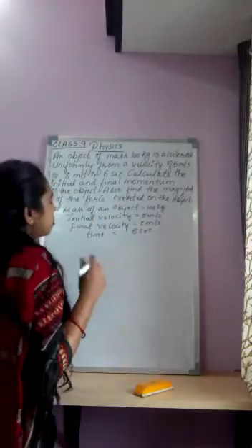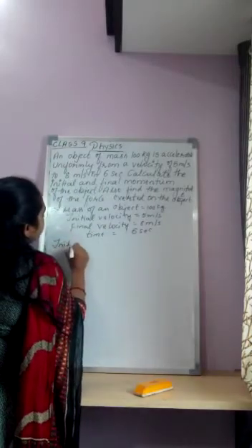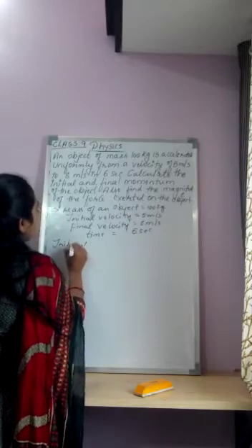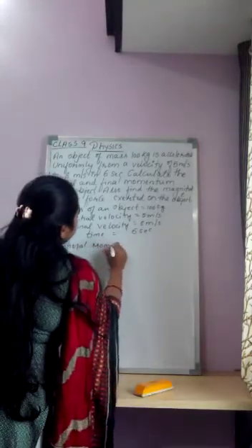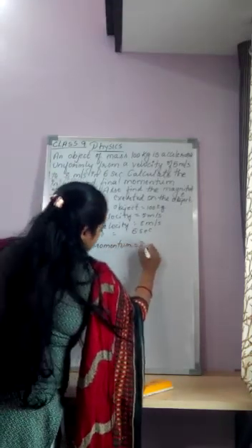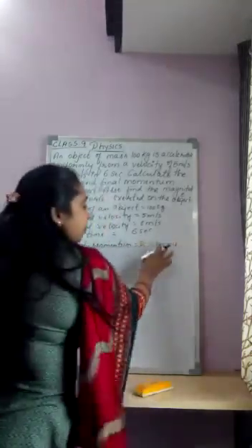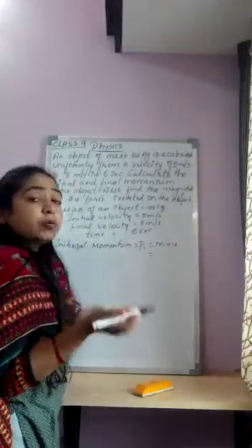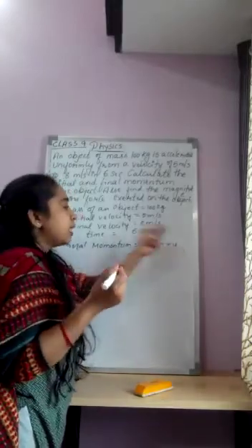Okay, now we are supposed to calculate the initial momentum and final momentum. What is the formula to calculate the momentum? Initial momentum P1 is equal to m into u. So this is a formula, or m into v is a formula. Here we are supposed to calculate for initial velocity, that's why I have taken as u.